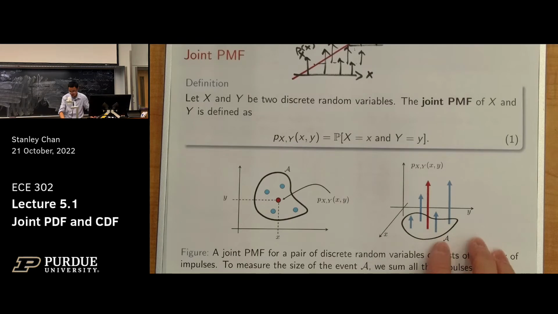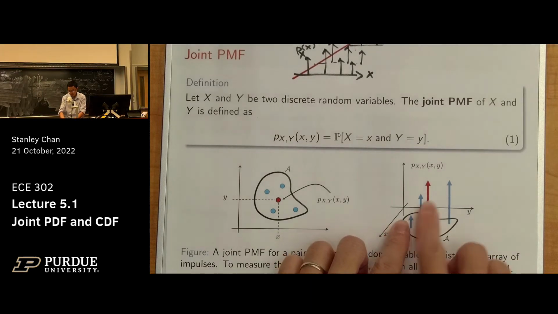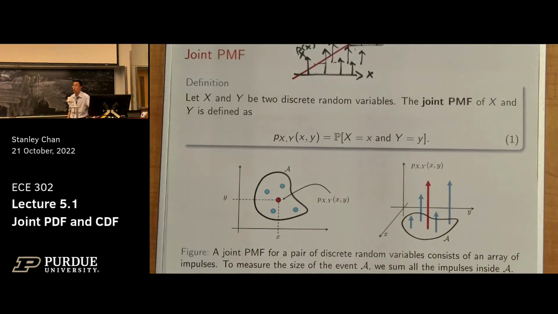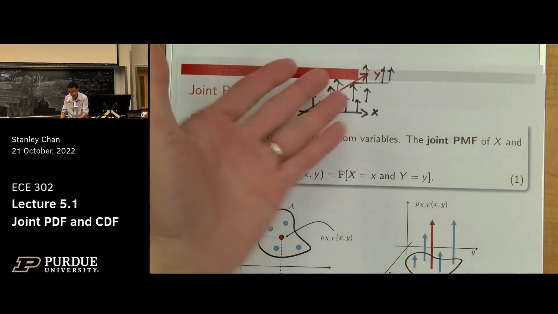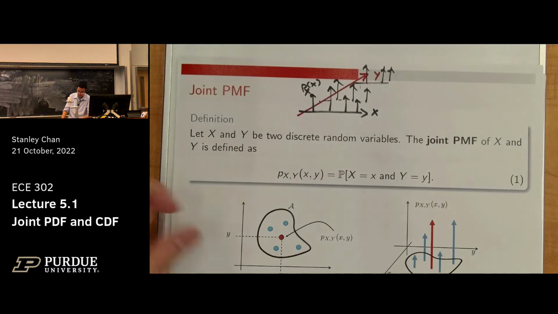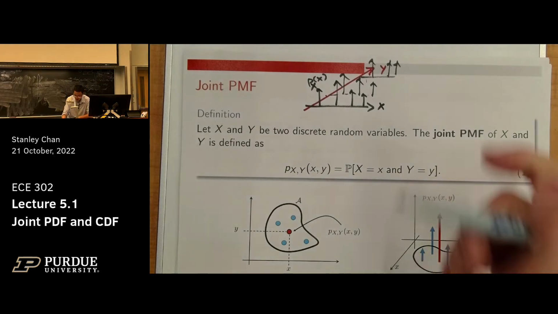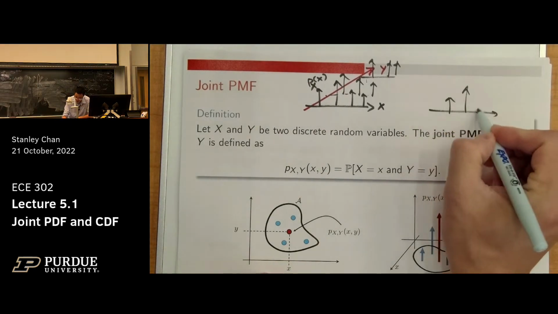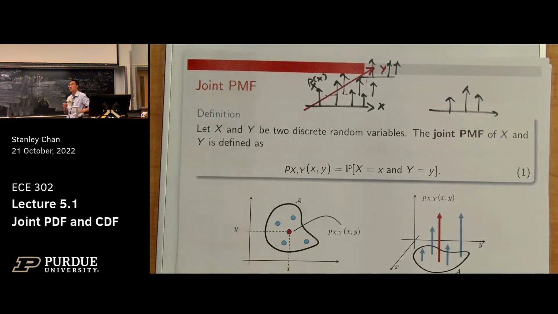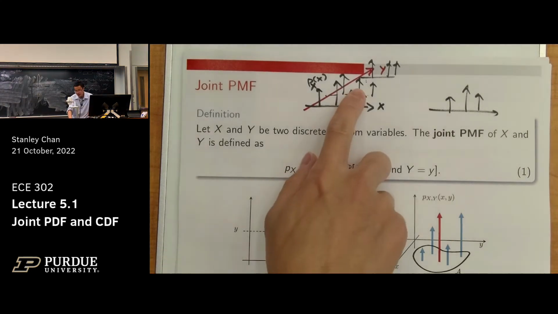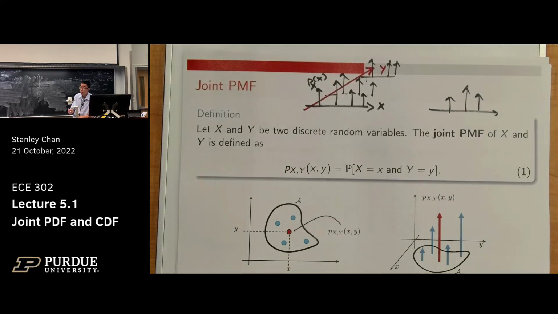Just like this diagram here, you have the pulses, the blue and the red, and so on. So what is the meaning of each delta in this two-dimensional space? In the one-dimensional PMF case, each delta specifies the probability of having that state. Each delta in this two-dimensional space will tell you the probability of getting a pair of states.